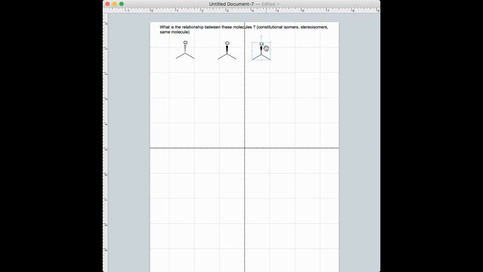But now, as I said in the previous class, one thing we can do is to flip the molecule over. Okay, so let's see if I can. I'm going to just look for another application here.